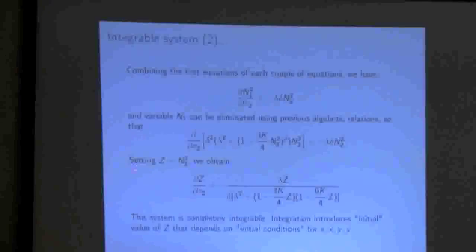So if we introduce capital Z equal N2 square, we obtain the following differential equation versus tau 2.